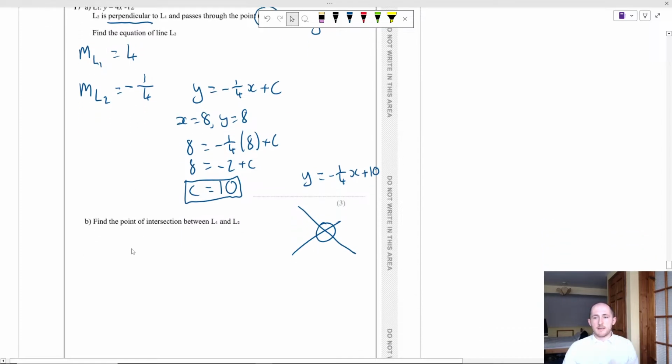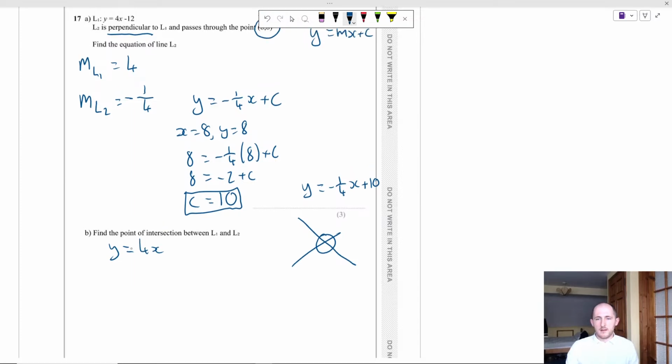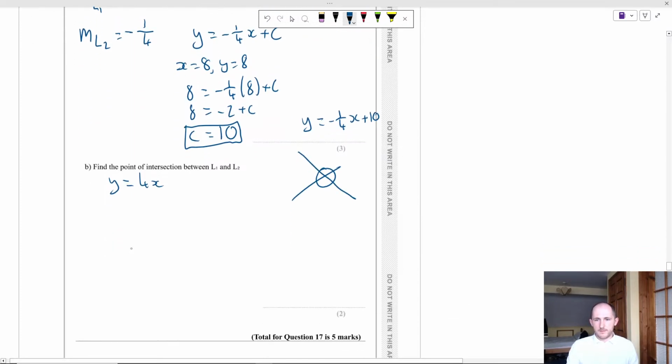So it's just simultaneous equations. We have y is equal to 4x minus 12, and y is equal to minus a quarter x plus 10. Since the y's are the same, you can just subtract them if you want.